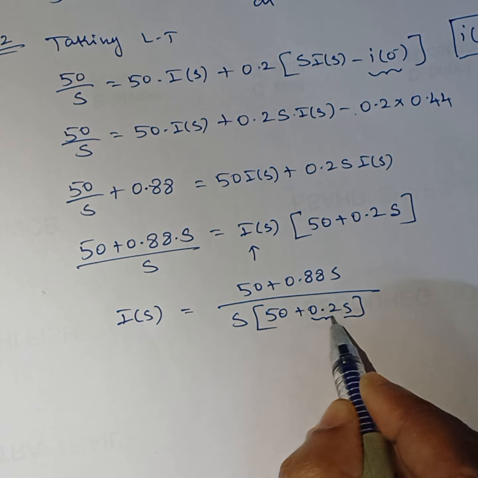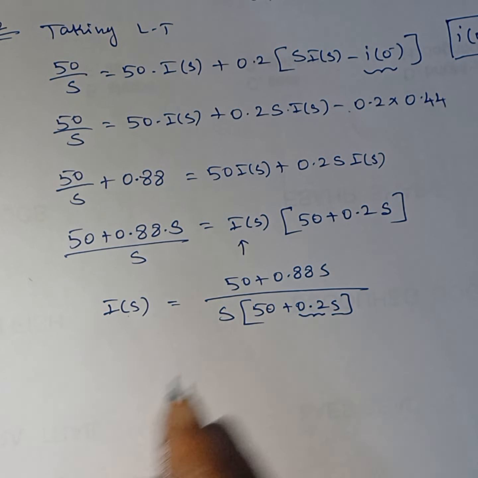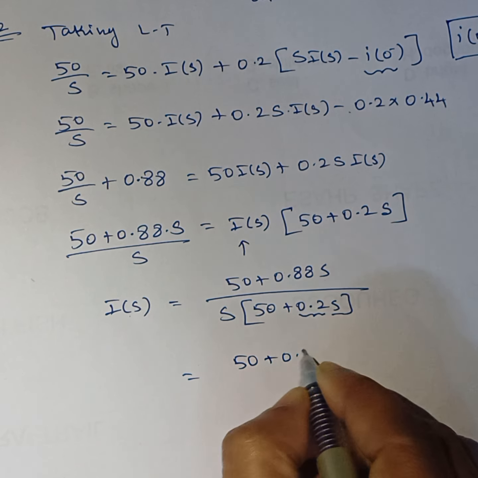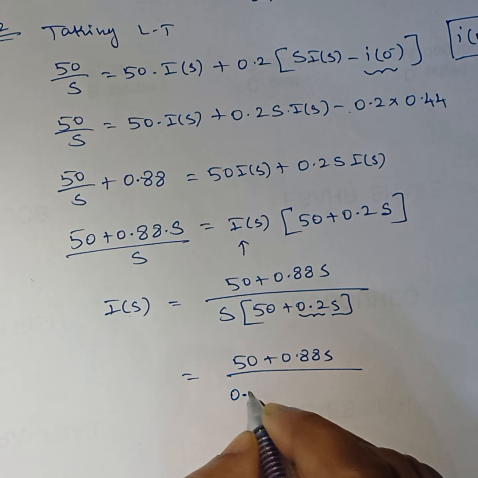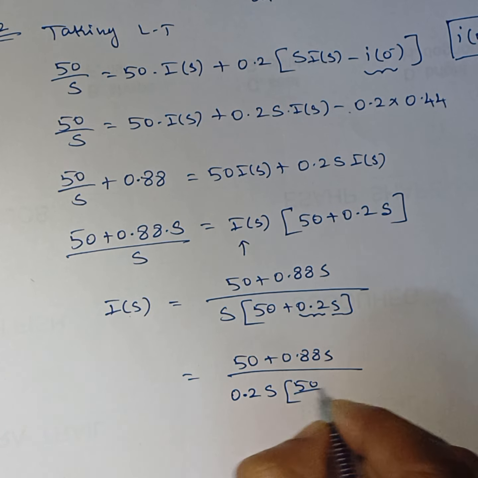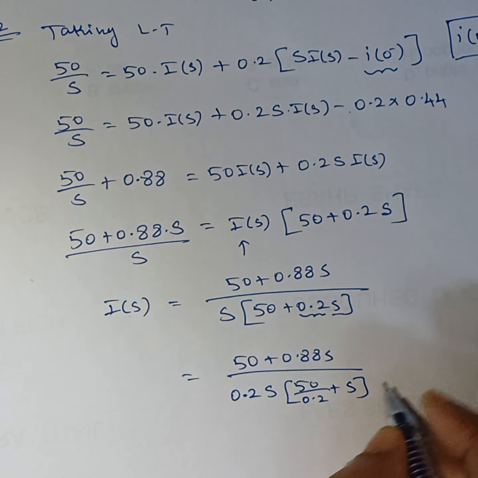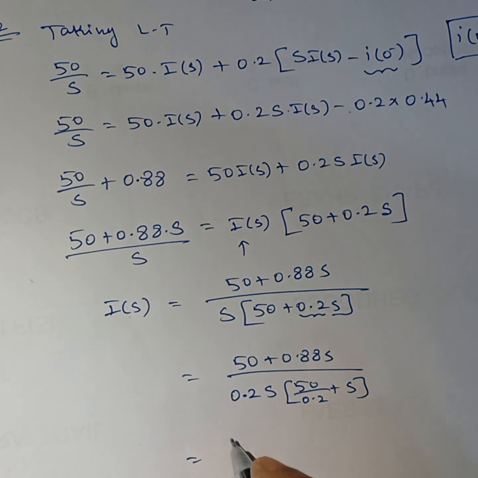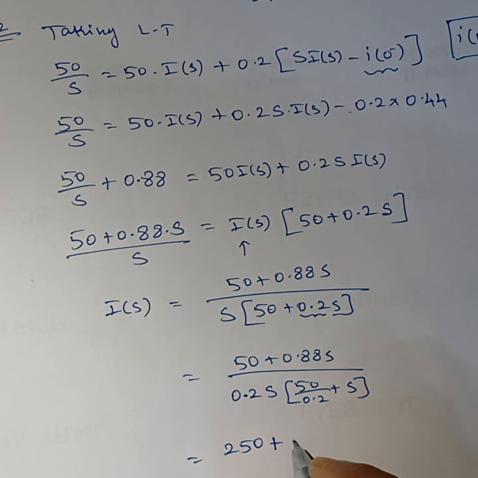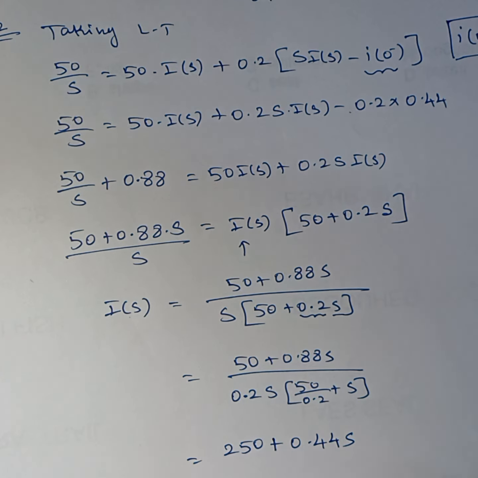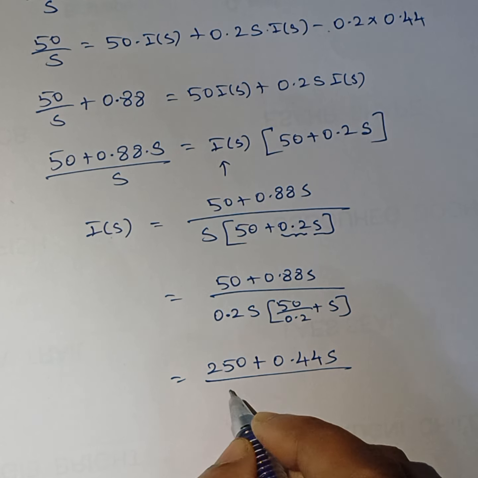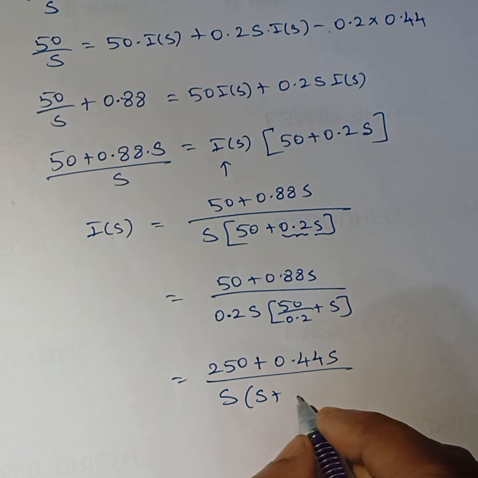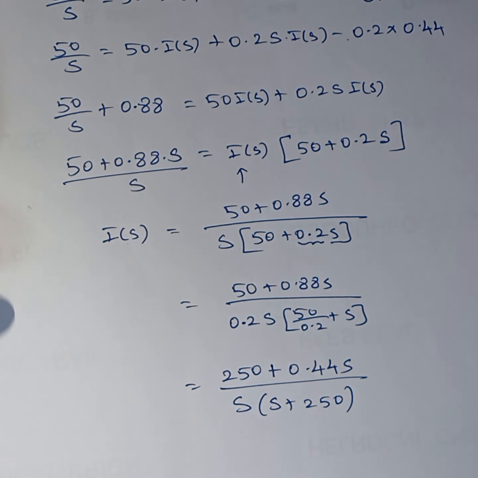So whatever is next to S, we take it outside. So taking it outside, we get 50 plus 0.88 S divided by 0.2 S, so 50 by 0.2 plus S. So this point is to be divided by the entire thing. 50 by 0.2, we'll get 500 by 2, so 250, correct. 250 plus 0.44 S, divided by S into S plus 50 by 0.2, which is again 250. So this format.